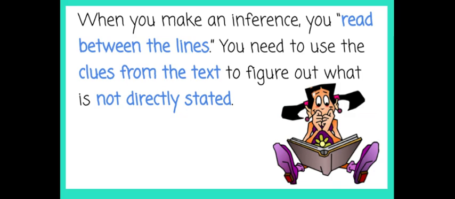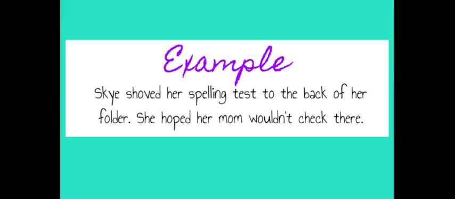But if you don't have access to those resources, what do we typically say you should do? Use your context clues. Try and figure out what it means based on the clues in the surrounding text. Same idea with inferences. You are going to figure out more information based on clues given in the text.